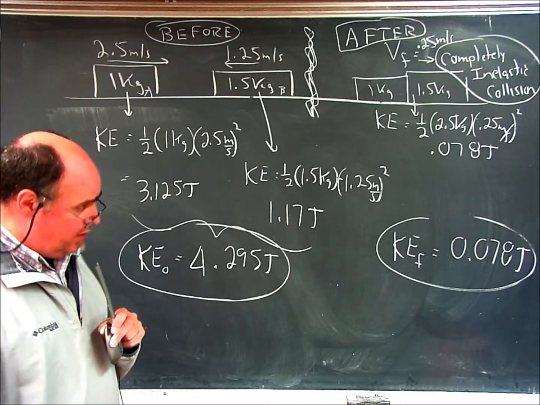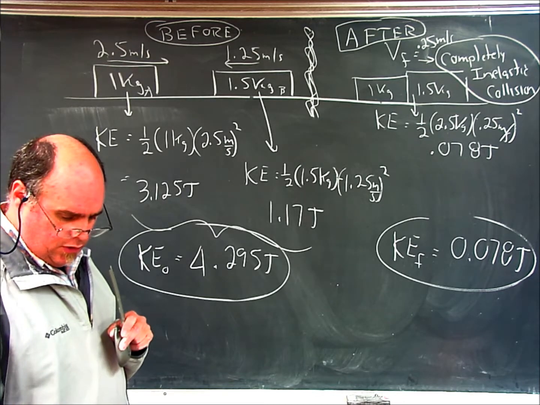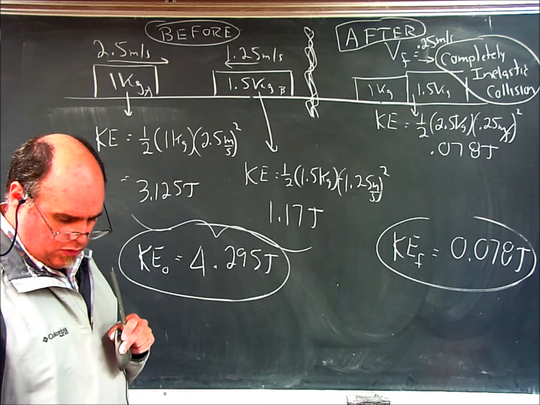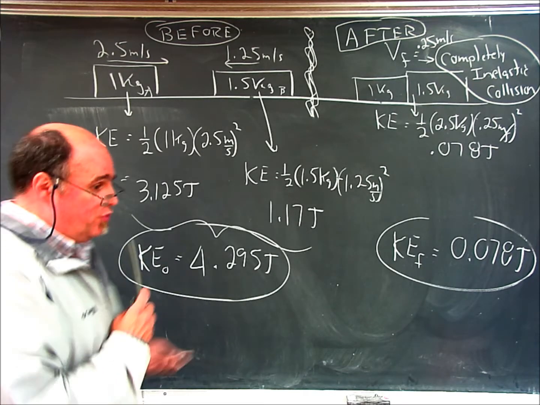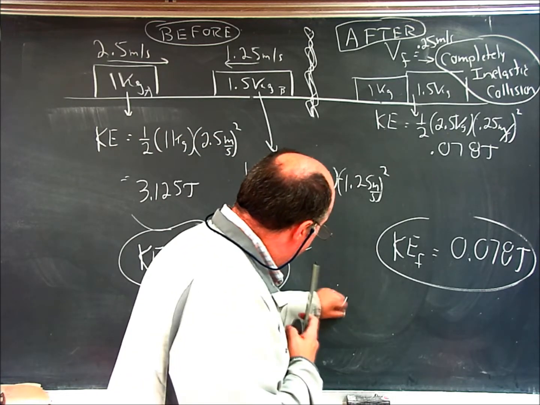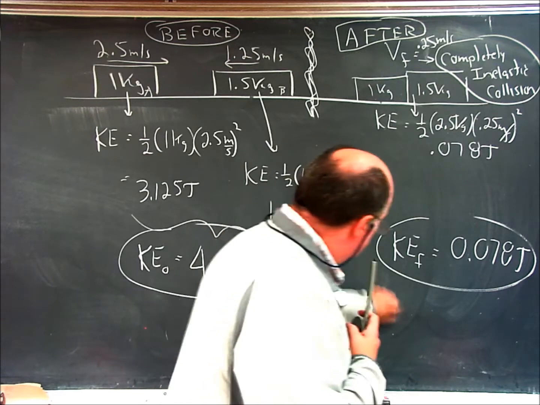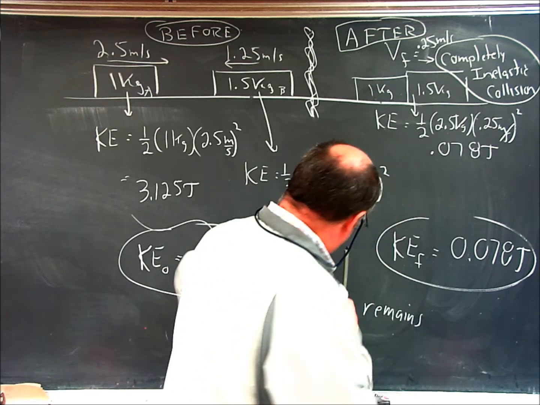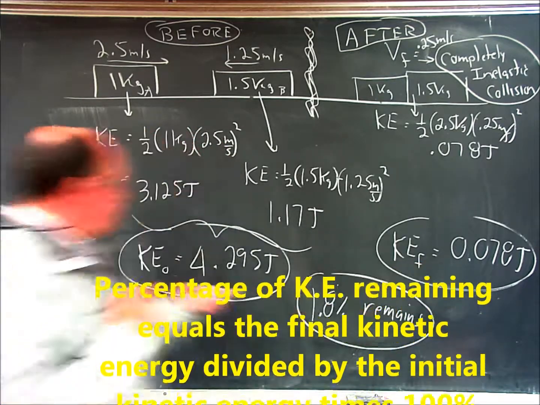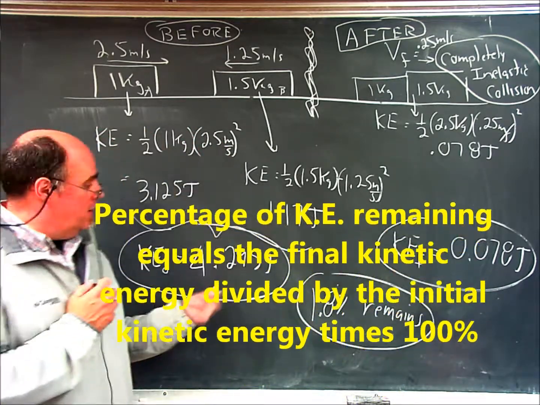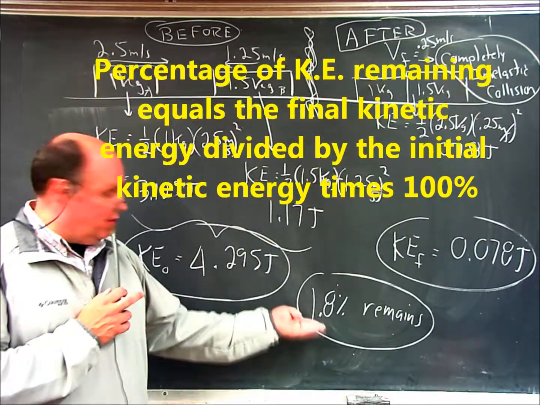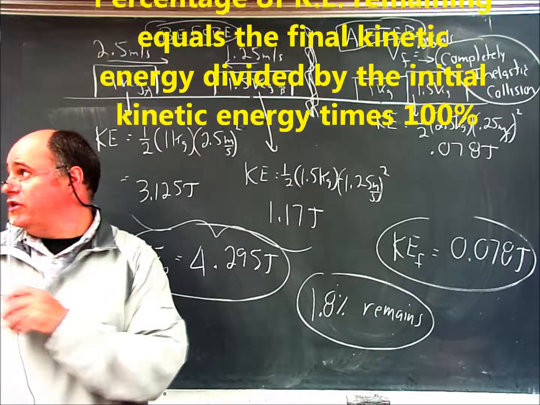To find the percentage, I took my final amount of kinetic energy and divided it by my initial amount, and then multiplied by 100, and I got 1.8. So I have about 1.8% of my kinetic energy remaining.